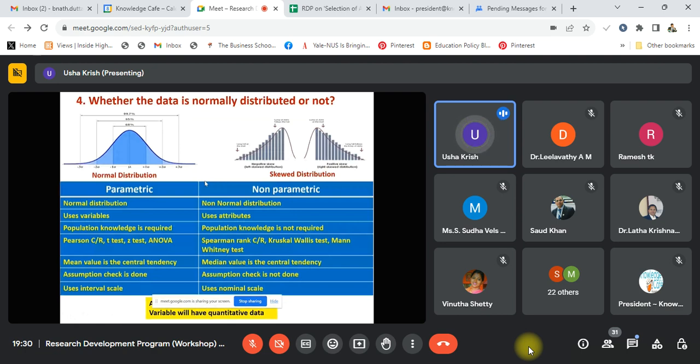These are the differences you find between parametric and non-parametric. But the main point to be considered is whether the distribution is normal or skewed. If it is normal, you are going to use parametric test. If it is skewed, non-parametric test.